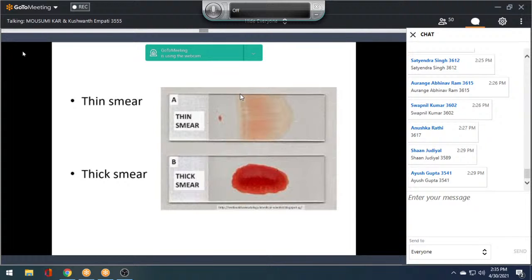We can make both, they have their advantages in malaria. For speciation, we can make the A smear, and for identifying whether there is a malarial parasite, we can make the B. Very good. So what are the different species that you see in malaria in blood? Vivax, Ovale, Falciparum.